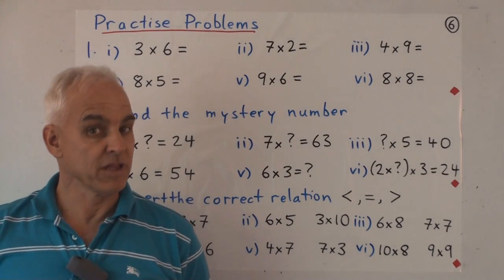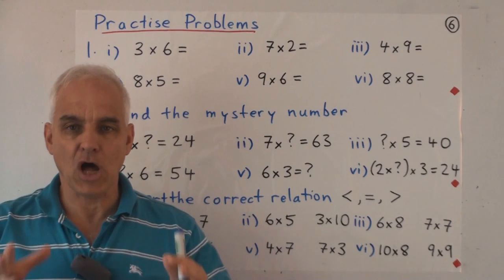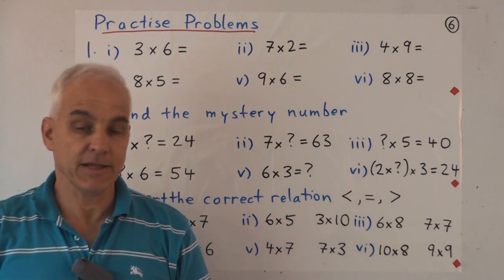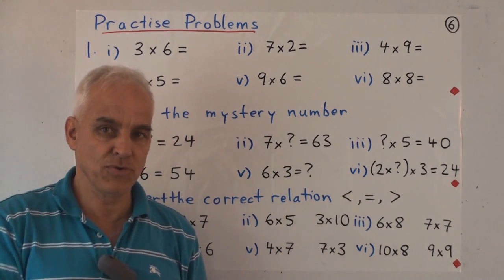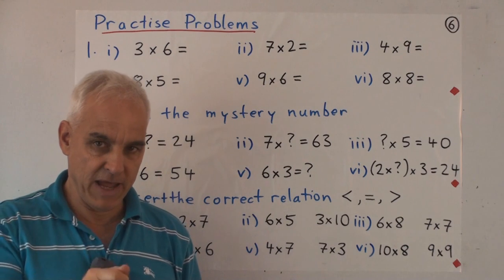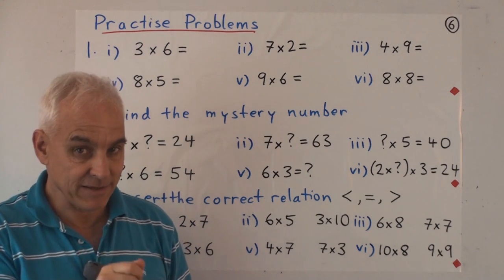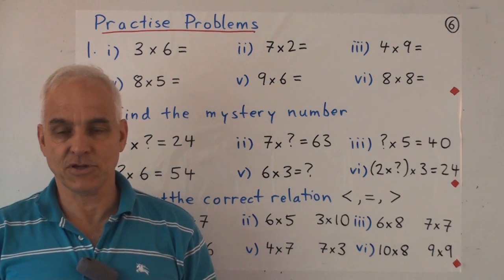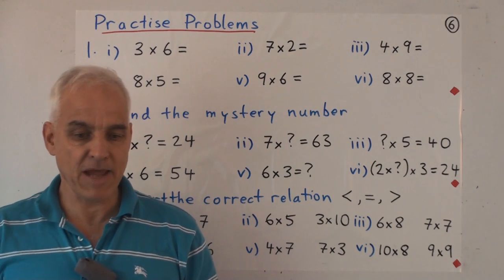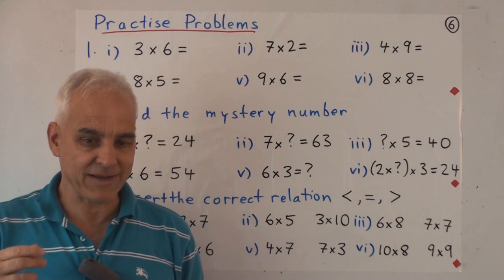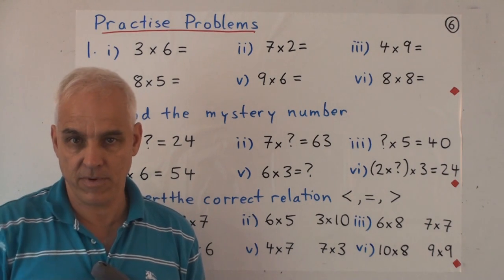When young people are learning the multiplication table, they need lots of practice. It's not just a question of telling them things. It's important for them to do lots of exercises and problems, to use pen and paper, or better, pencil and paper at that age, to write down solutions to lots of problems. That's the best way of solidifying the knowledge, is to put it into practice in an active form.